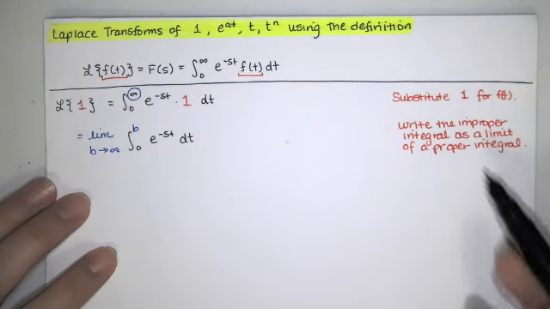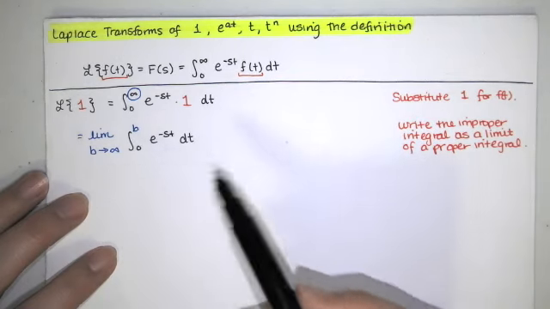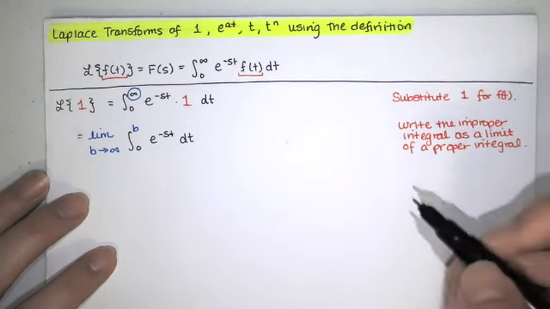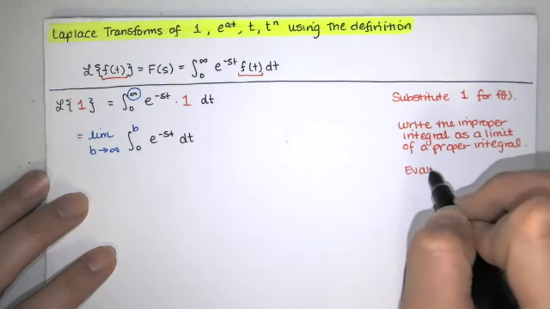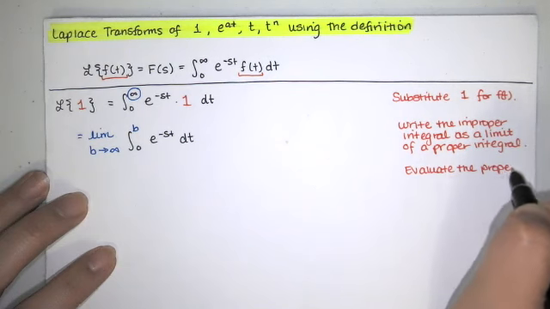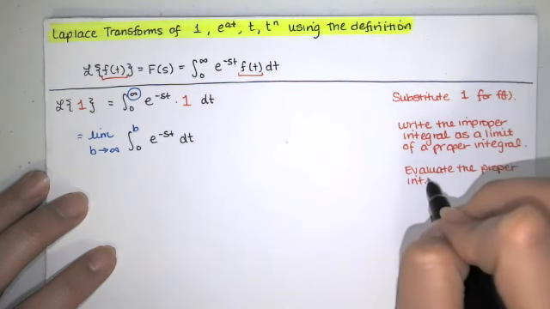And then every time you're evaluating an improper integral, after you've written it as a limit, you evaluate the proper integral that's there. And you'll do that using the fundamental theorem of calculus.